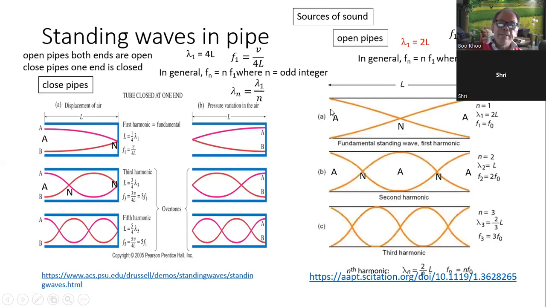Antinode at the open end, node at center there. Second harmonic, or first overtone, is the overtone there. That's your A, N, A, N, A.